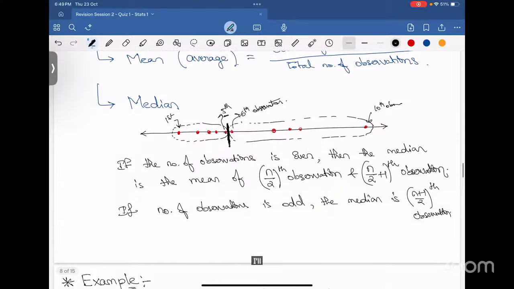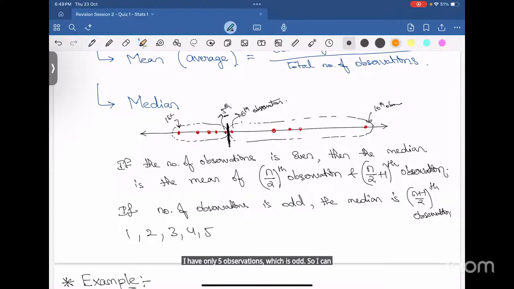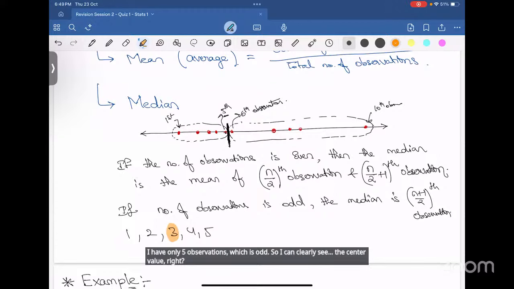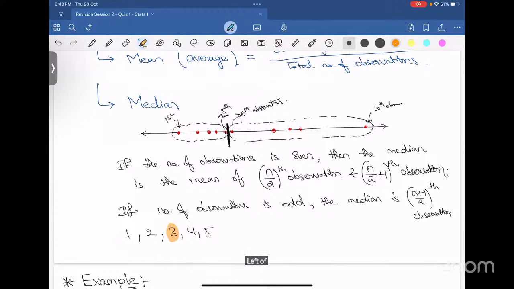I'll just take a small example. Let's say 1, 2, 3, 4, 5, ordered. I have only 5 observations, which is odd. So I can clearly see the center value, right? Left of 3 and the right of 3 have an equal number of data points. So 3 sits exactly at the center.